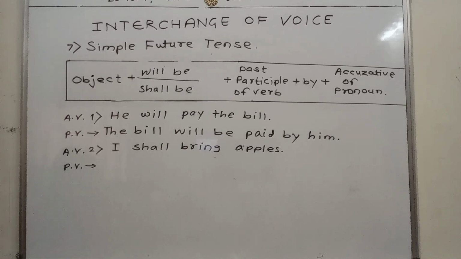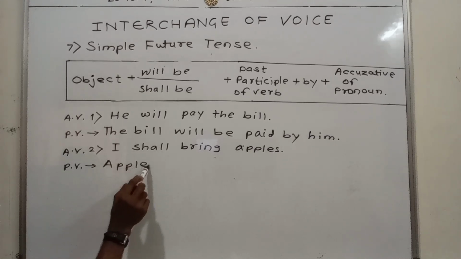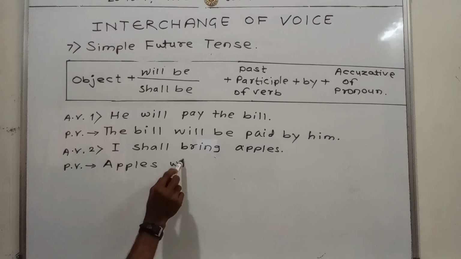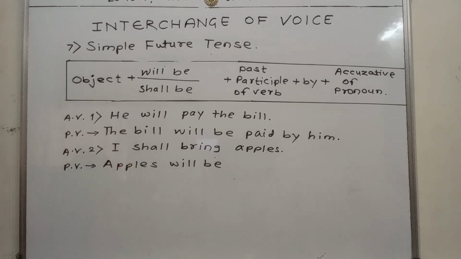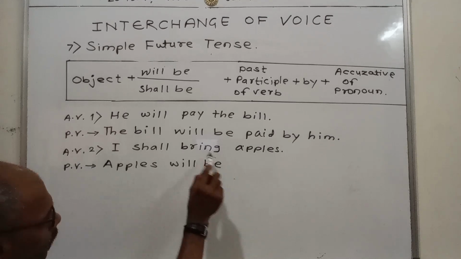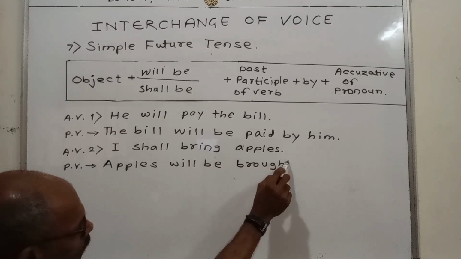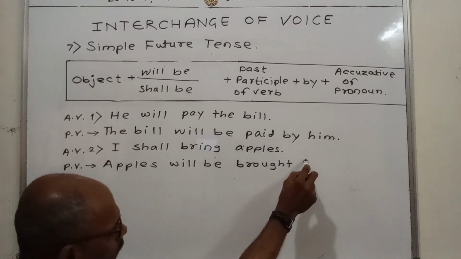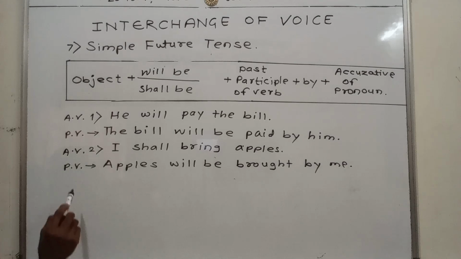Passive voice: what is it? Here it is I shall, but here apples. Did you get it? Apples will be brought by me.